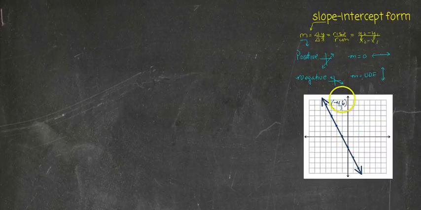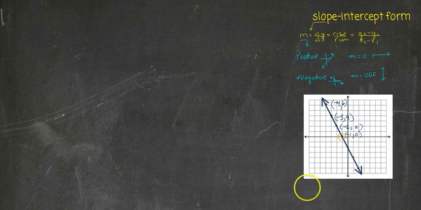Down to this point, x equals -3, y equals 4, x equals -2, y equals 2, x equals -1, y equals 0. We call this point the x-intercept.